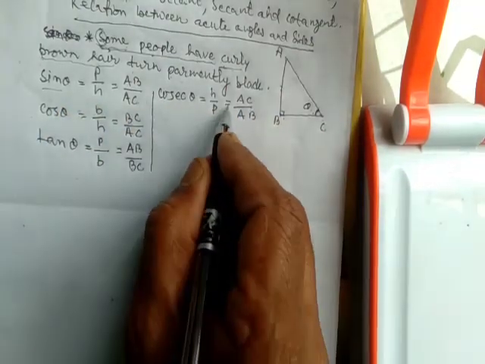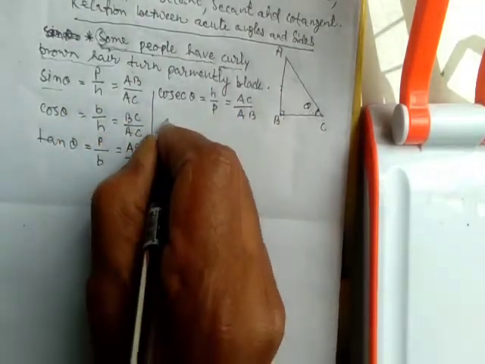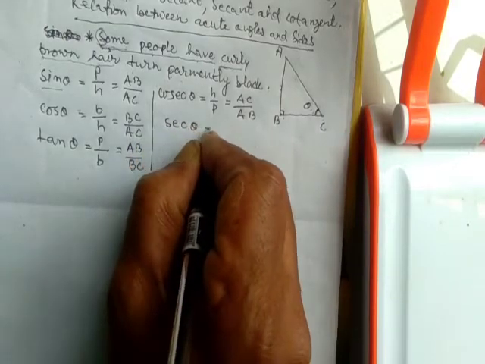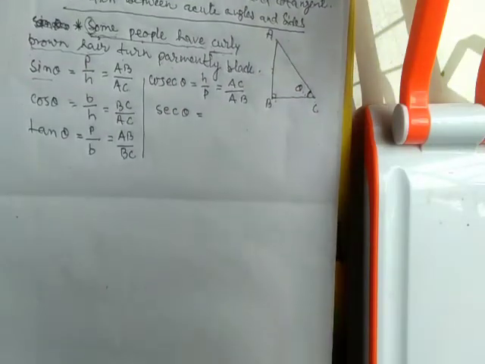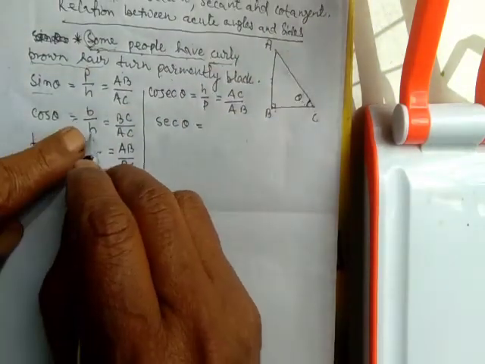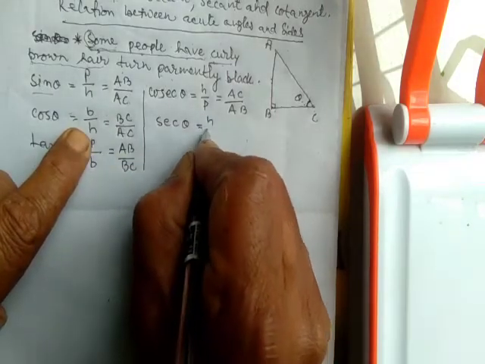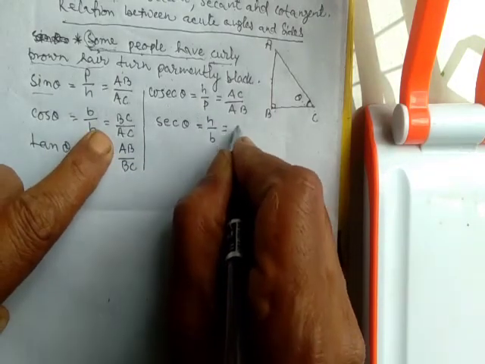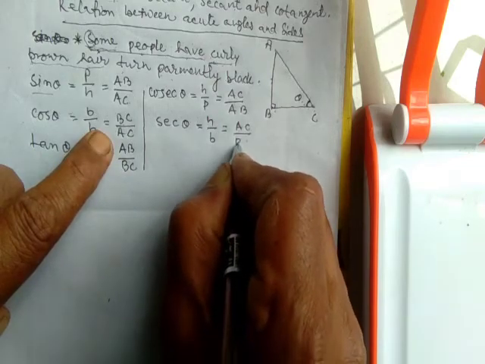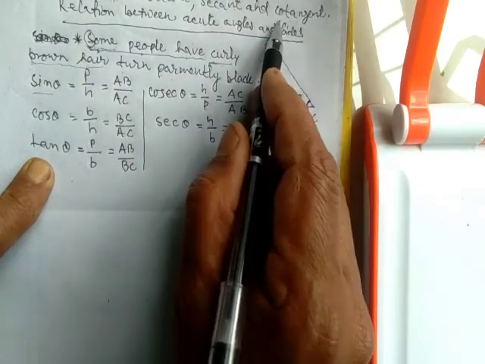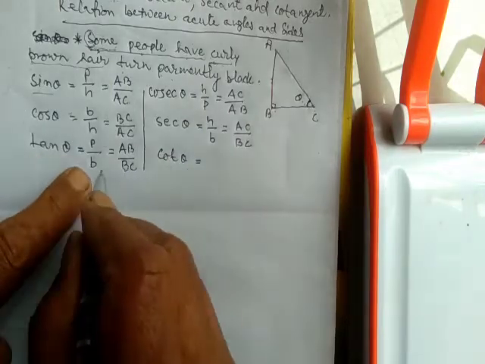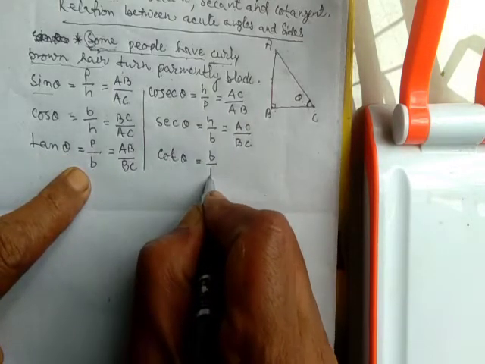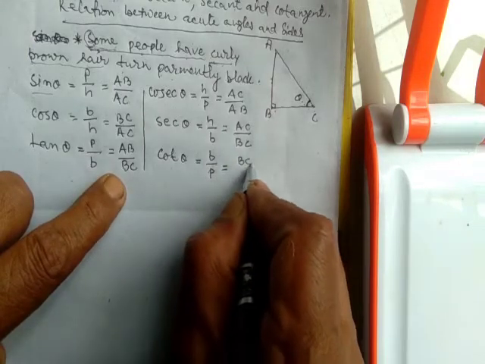Cos has reciprocal sec theta, secant, which is H by B, equal to AC by BC. Tan has reciprocal cotangent, in short cot theta, which is B by P, equal to BC by AB.